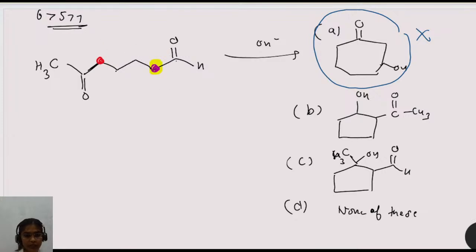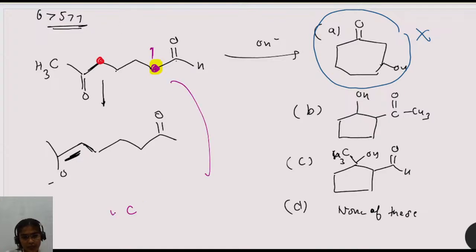Let's look at both points. If I'm taking this one, let me first consider this here. It's a C double bond O and a negative charge generated. So if you go with the enolate formation, this is the kind of enolate we are getting, O negative and double bond. And the point number two, if you go with this, I have to write on the top, it's not visible here.